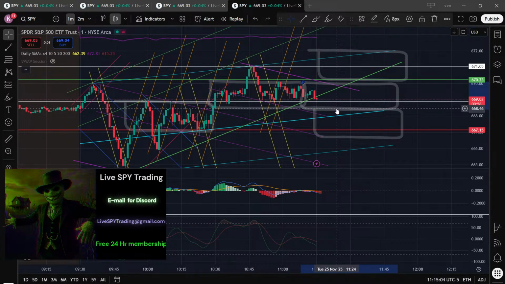So let's see if we break green and then break white and then see if we get some movement, and then I can make my selling channel.